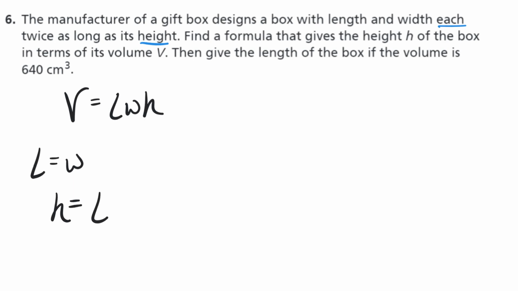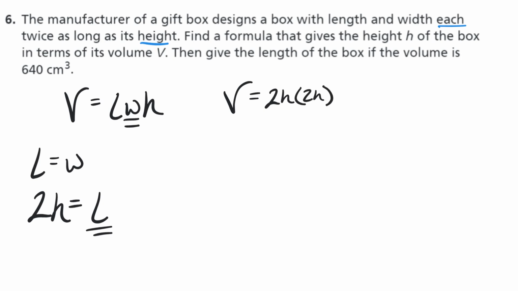So the length is going to be equal to 2 h's. So let's go back to our volume formula. The volume is equal to the length and the width and the height. Well, we're going to replace the length with a 2h. And we're going to replace the width with a 2h.